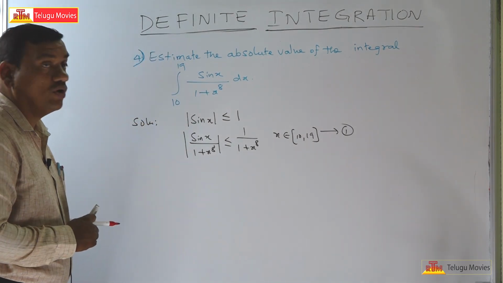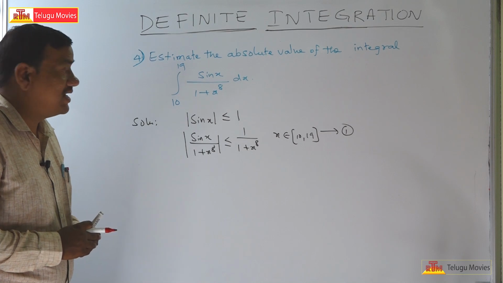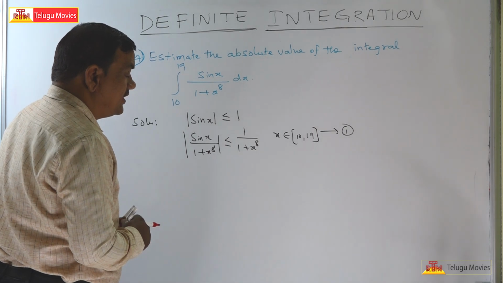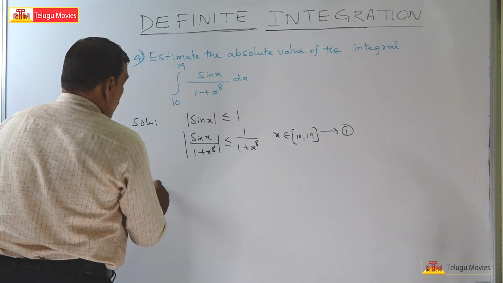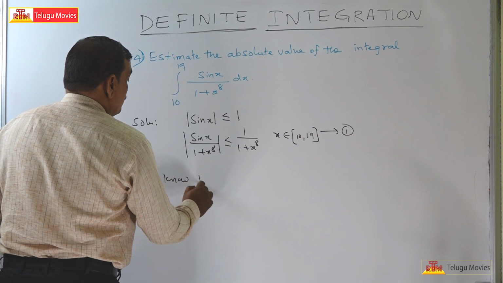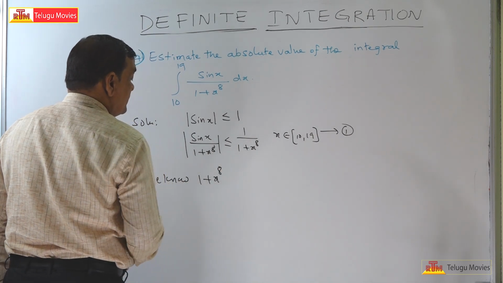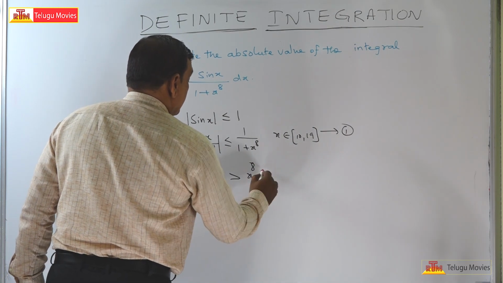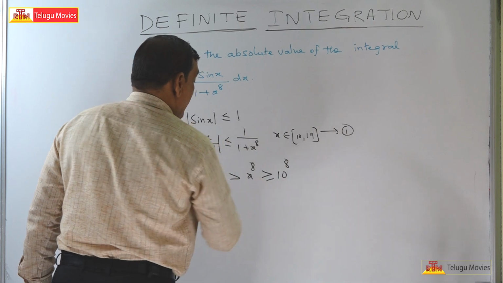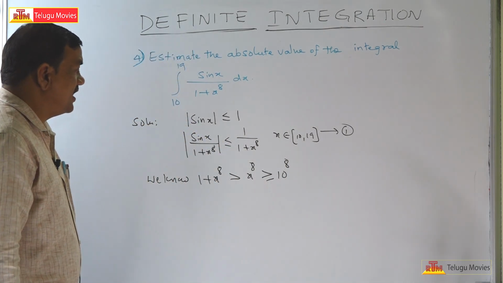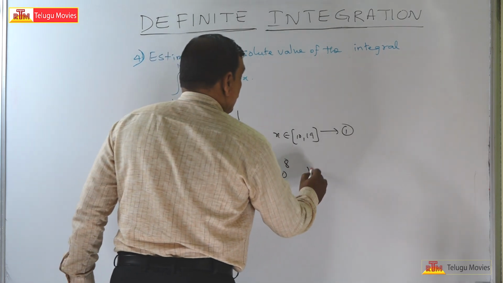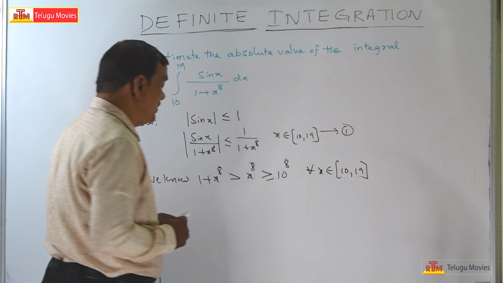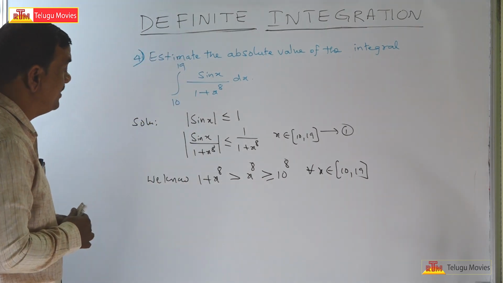Afterwards, we can have one more result. What is the result? We can create another result: 1 plus x power 8 is greater than x power 8, which is greater than or equal to 10 power 8, for all x belonging to 10 to 19. How can this be created?